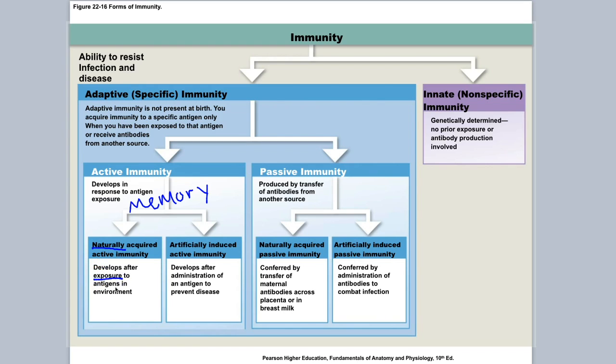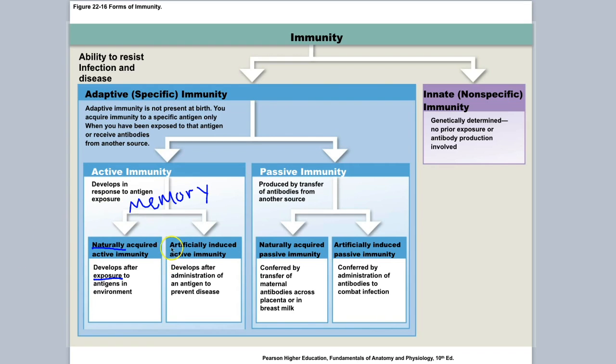It comes into our body, and our cells begin to attack it and any infected cells to destroy the pathogen and eliminate it from our body. So our cells develop an immune response. We get sick, we experience some symptoms, and then we have a memory of that pathogen for the future. So we've naturally acquired this immunity.